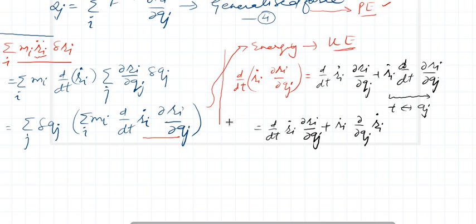So that means d/dt of (Ṙi · ∂R/∂qj), this part, is equal to this one.